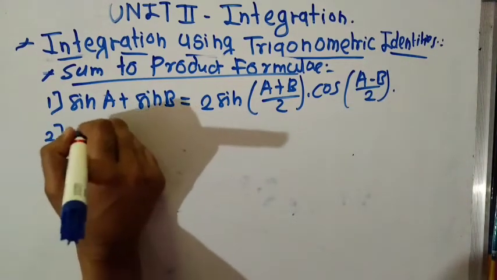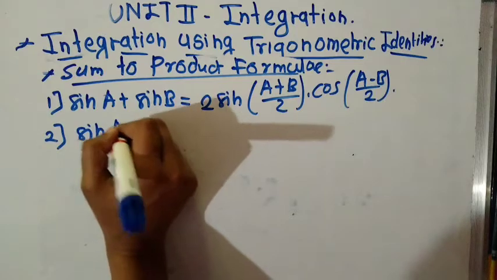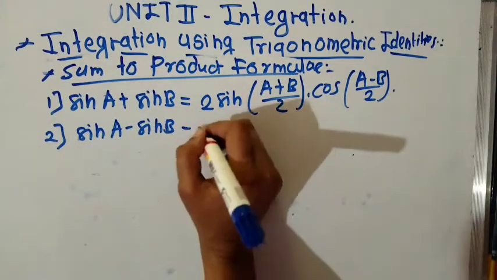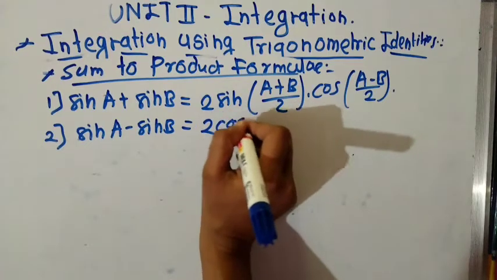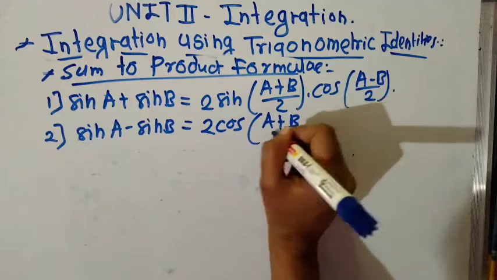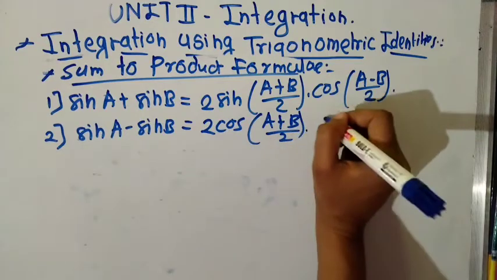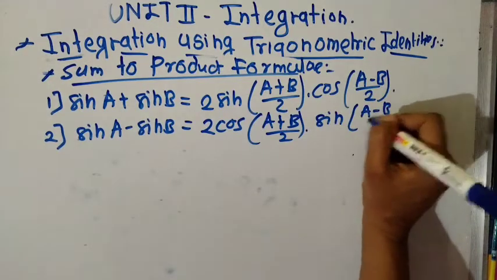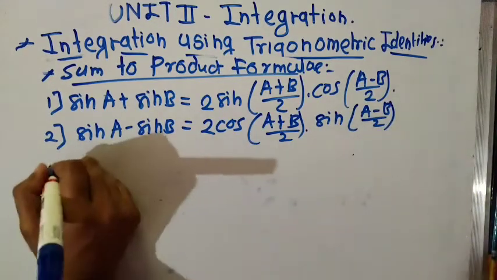Then second formula, sin a minus sin b which is equal to 2 cos a plus b upon 2 into sine a minus b upon 2.